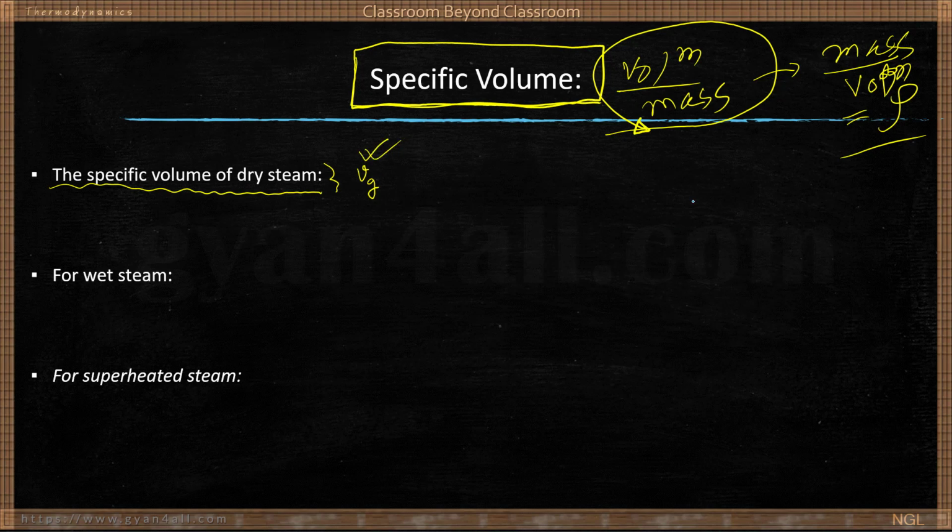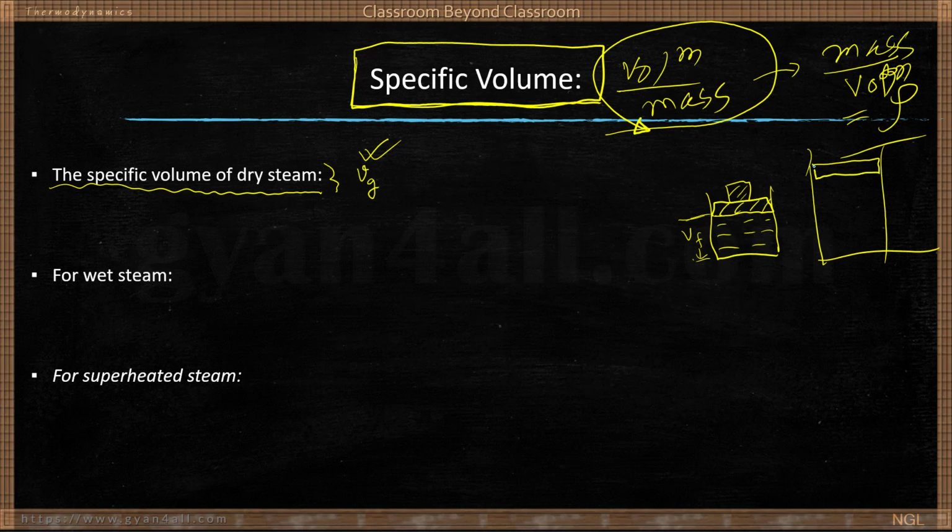Now you just tell me, initially we take 1 kg of water, mass is 1 kg, and pressure is fixed. Now this volume we can know, this volume is Vf. For water it is called Vf, fluid. And if we heat it to Vg, volume will definitely increase.